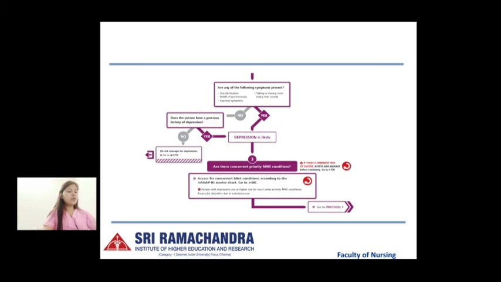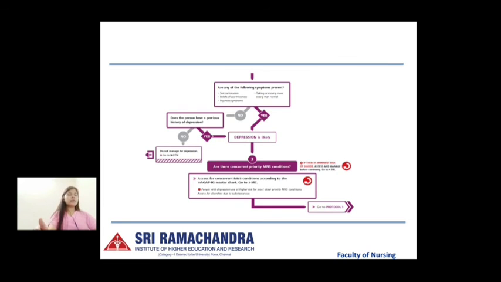And we will also see whether there are any mental or neurological symptoms or conditions present. People with depression are at higher risk for most other mental and neurological symptoms. So assess for disorders due to substance use.